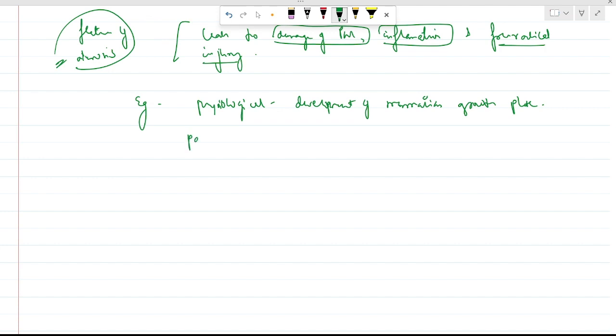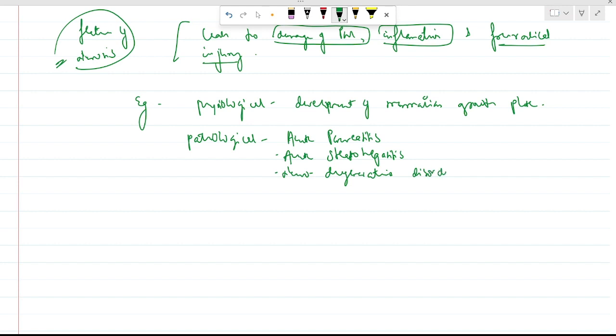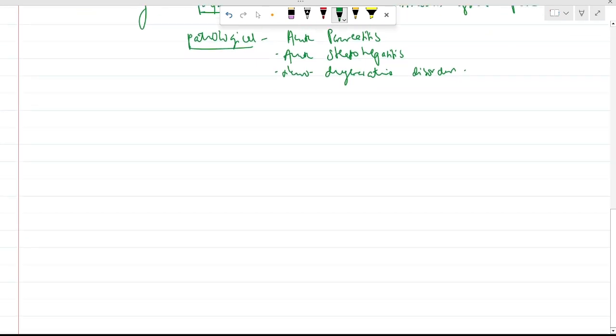Then there are pathological examples: acute pancreatitis, acute steatohepatitis. Steato means fat, hepatitis means inflammation of the liver. Then there are neurodegenerative disorders. These are the pathological and physiological examples of necroptosis.